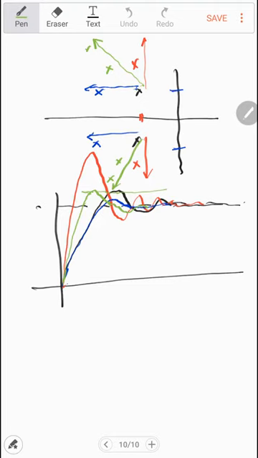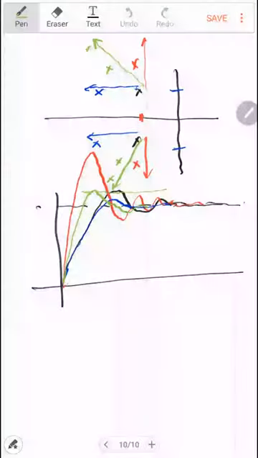So that is why the root locus is an important topic, and we will try to understand how to plot the root locus efficiently or easily, so that we know about the system's response or the stability of the higher order system.